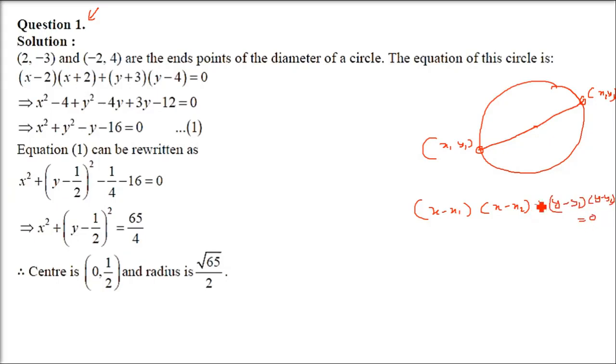This is the equation of the circle. All these questions use this equation as the way to solve.